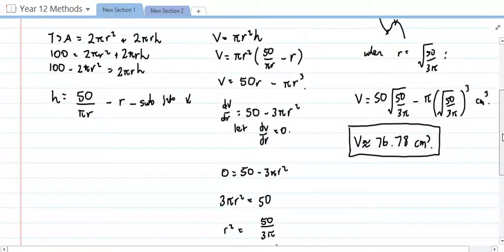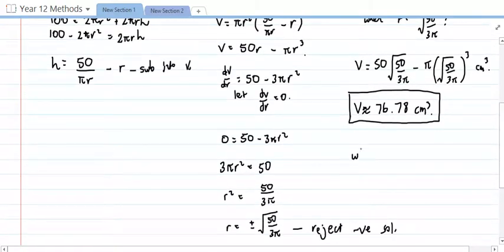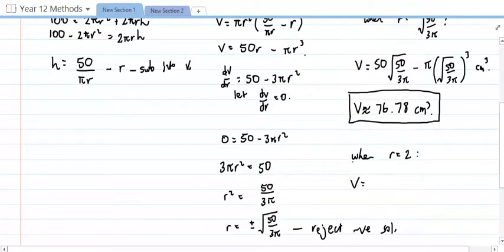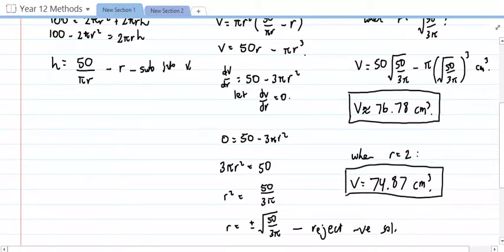So I can also say when the radius is equal to 2, the volume is equal to, what was it again? 74.87. So that is the other part of the solution. And that's really all there is to it.